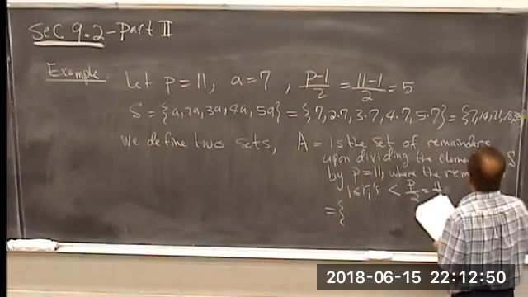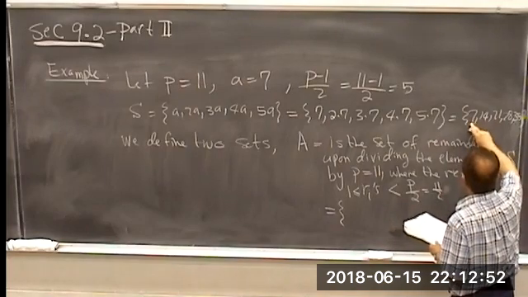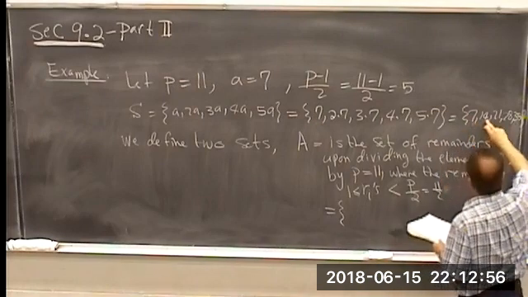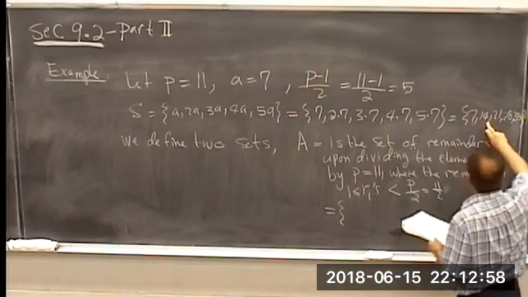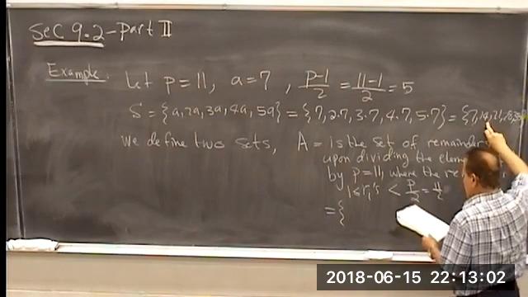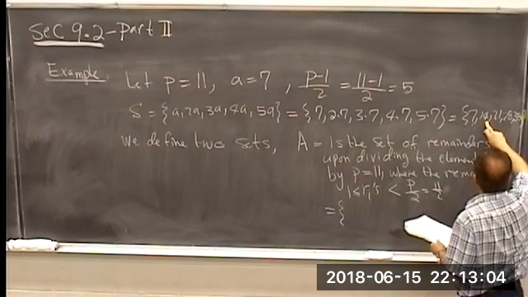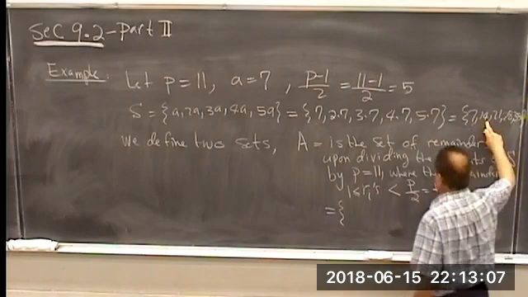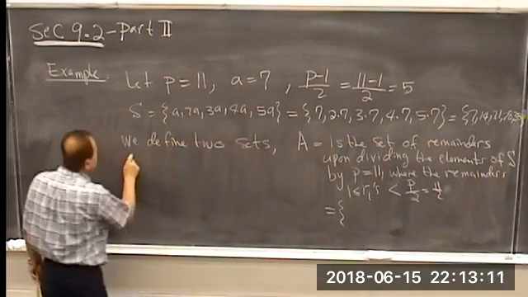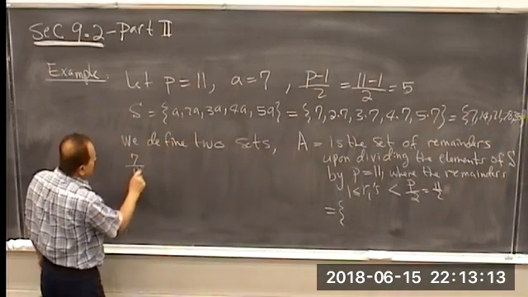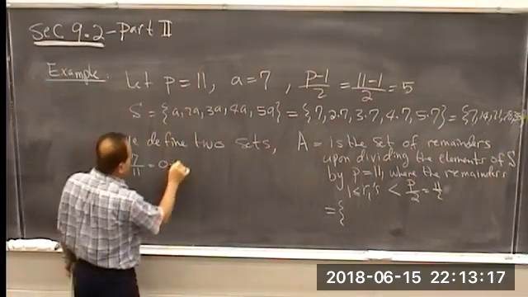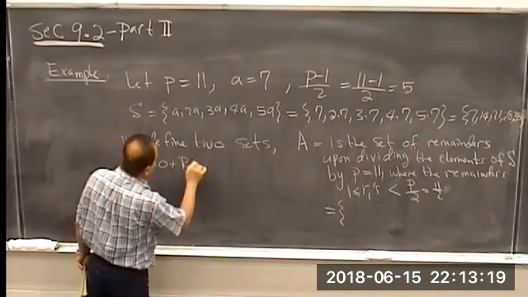So 7 divided by 11, the division goes to 0, and the remainder is going to be 7. So that's not going to be in this set.